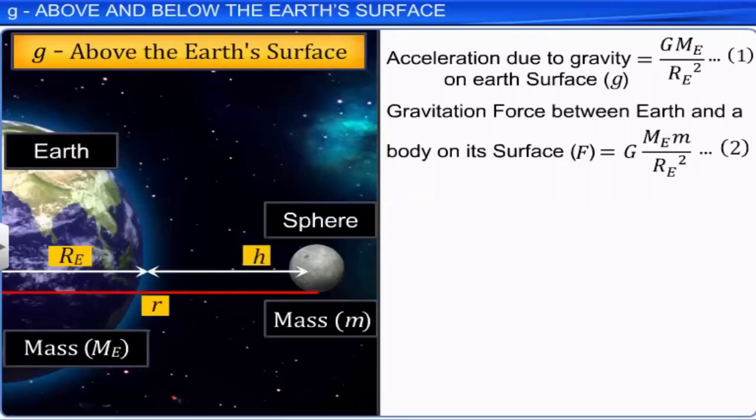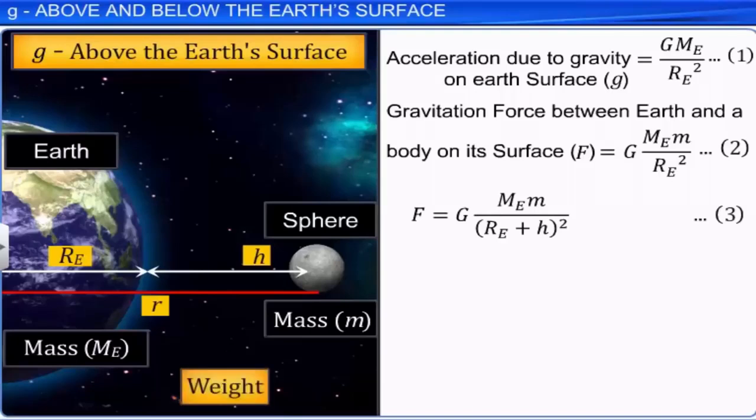F equals G Me into m divided by the square of Re plus h. This gravitational force on the body towards the Earth is its weight. Since the weight of the body is determined by the product of its mass and acceleration due to gravity at a given height, the weight of the body at a given height is expressed as in equation 4.